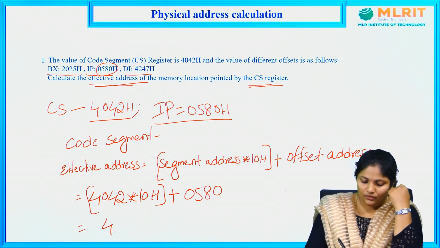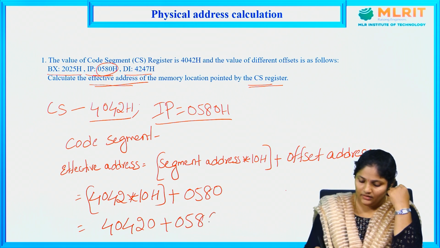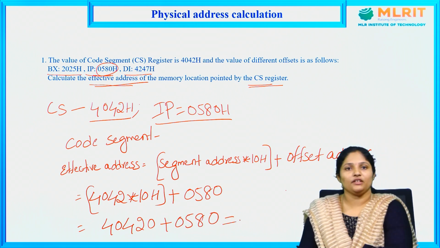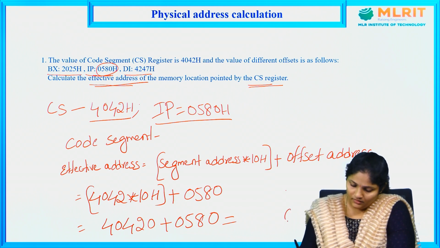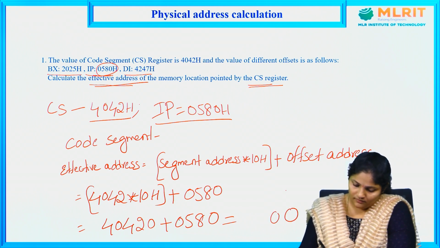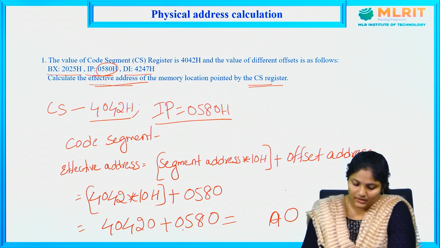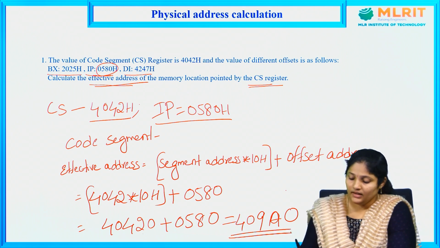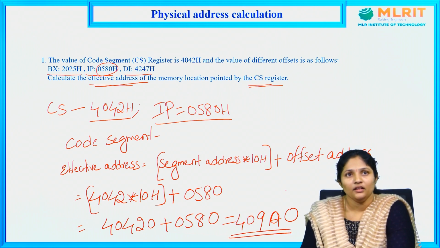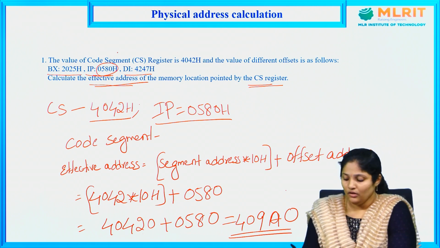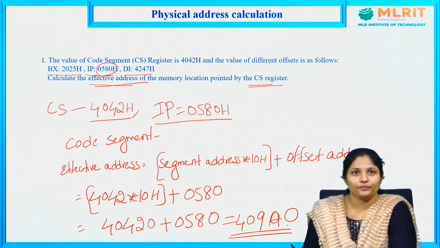So 40420 plus 0580. What is the value of the effective address here? 8 plus 2 equals A, a hexadecimal digit, and 5 plus 4 is 9, then 0, 4. This is the exact location where your data will be residing. So the effective address of the memory location pointed to by the CS register according to this data is 40980.